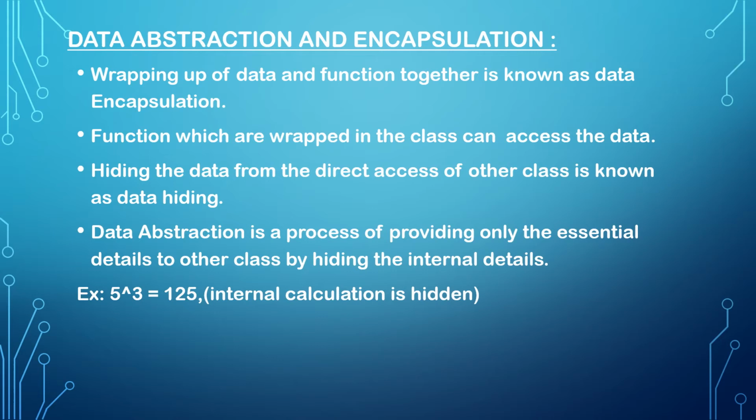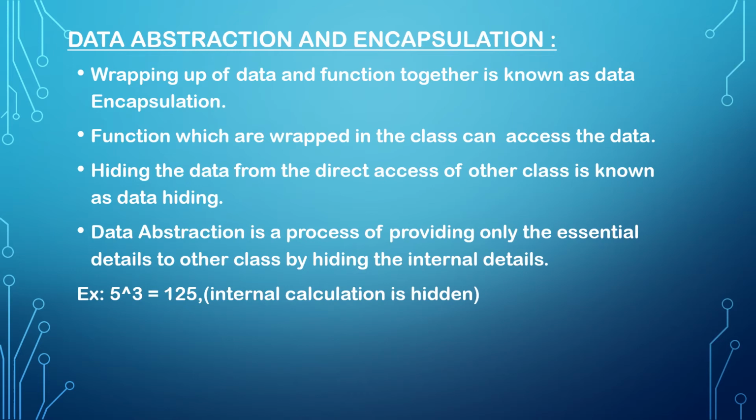Next is data abstraction. Data abstraction means a process of providing essential details to other classes by hiding the internal details. It is not like data hiding. In data hiding, we completely hide the data. Here we provide the necessary information to the classes by hiding the internal details.